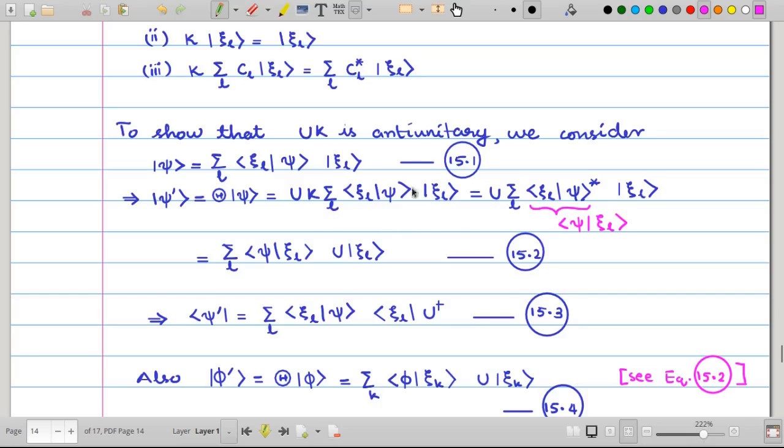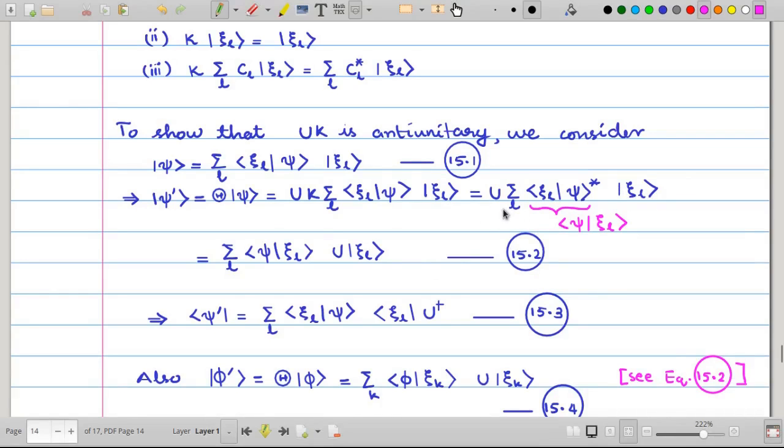K acting on this sum gives the sum over l of the complex conjugate of these complex numbers, that is the inner product of c_l with psi, star, times K acting on |c_l>. But because of this condition 3, the action of K on the chosen orthonormal basis is to leave it unchanged. So we get back |c_l>.